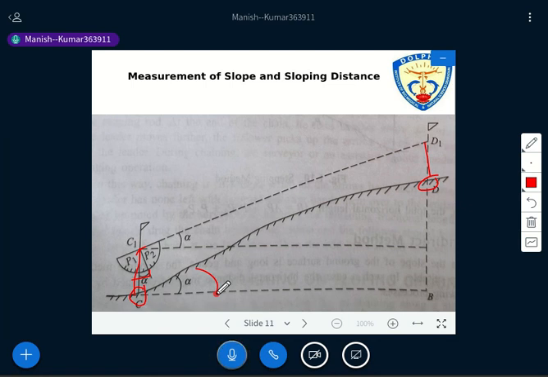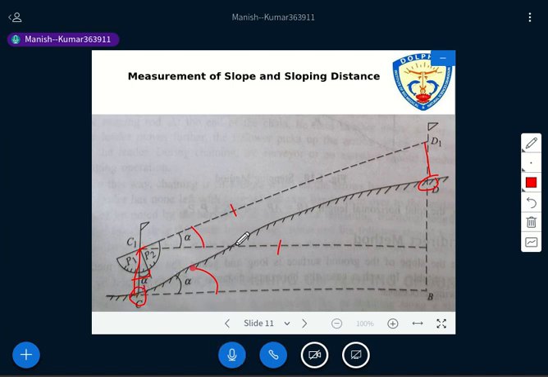How the sloping distance can be measured, you can easily understand by using the concept of trigonometry, right? If this angle is alpha and this is the slope, using the trigonometrical formula, what is the relation between this hypotenuse and base with angle alpha? Anyone know that?